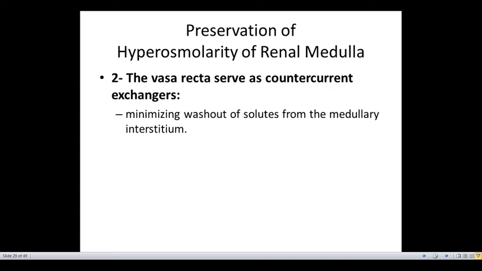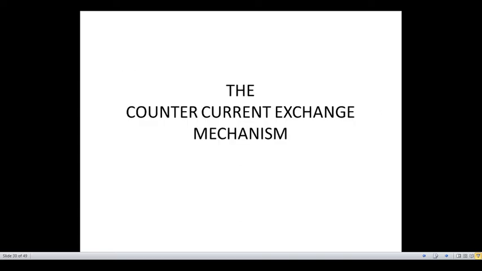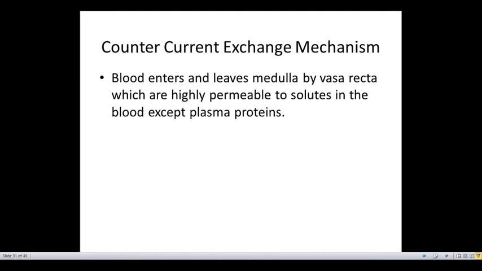So now let's study this countercurrent exchange mechanism, how it minimizes the washout of solutes from the medullary interstitium. Blood enters and leaves medulla by vasa recta, which are highly permeable to solutes in the blood except plasma proteins.